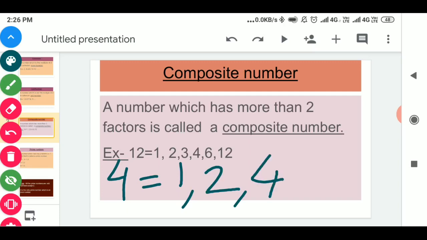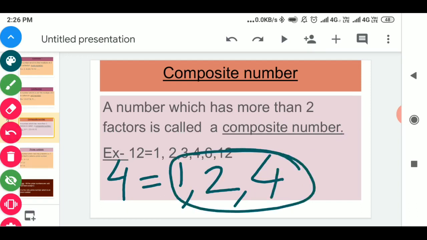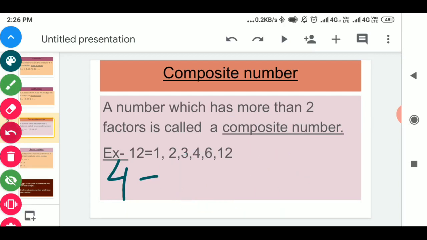So 1, 2, 4 are the factors of 4. If a number has more than 2 factors, then that number is a composite number. So 4 has 3 factors, which means 4 is a composite number. I hope you all understood composite numbers.